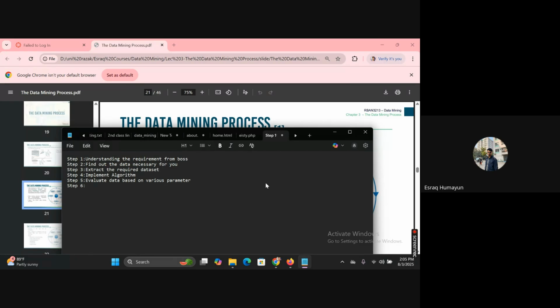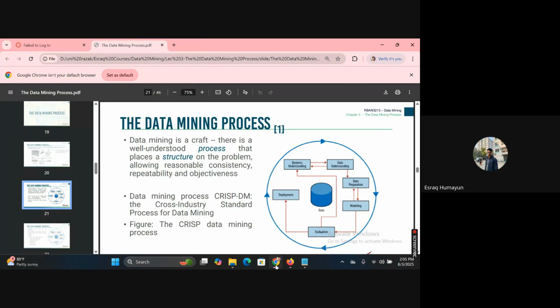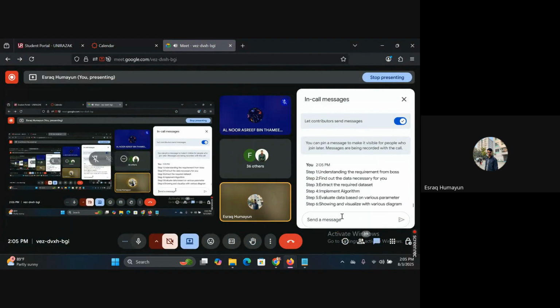And step 6 is the deployment. Clear now, everyone? You don't need to remember big things. Is it clear now? 6 steps.